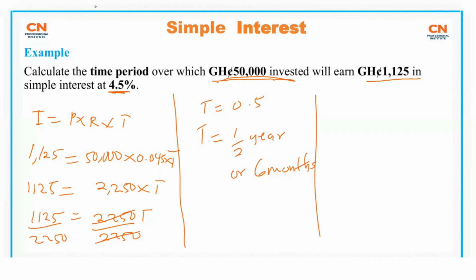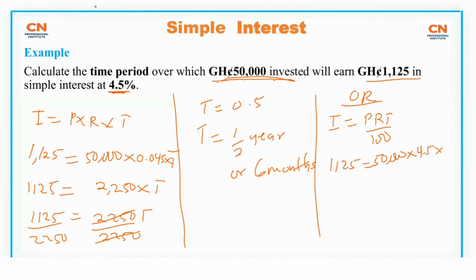Okay. Now, if you want to look at the other one too, it's the same thing. I'll just use interest is equal to principal times rate times time. Here, I'll divide by 100. It's the same thing. The interest is still the same, 1125, is equal to the principal, the same, 50,000. The rate, so here write the whole 4.5 because I'll be dividing by 100.